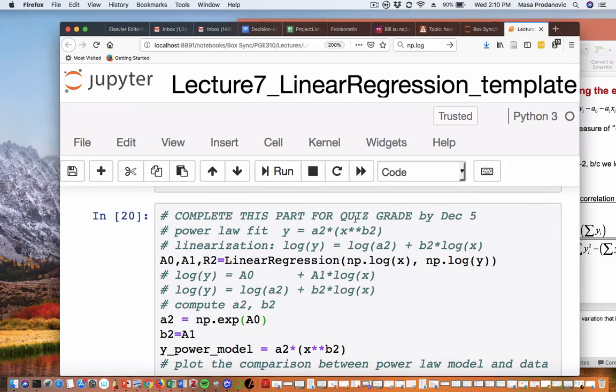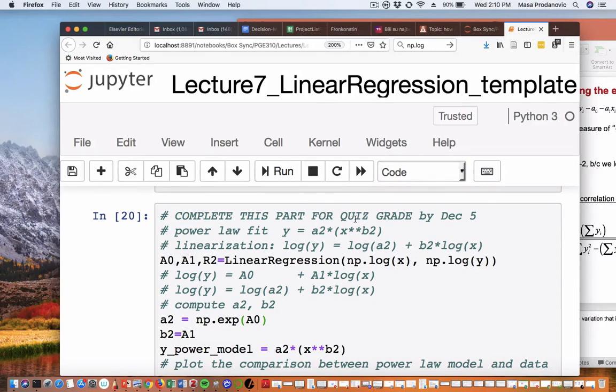Right? So when I look at that, I can see that I have a linear relationship between log of y for all of my y points and log of x. So this is my new set of data. Okay? And that set of data seems to have a linear fit, and I can estimate those coefficients, which I call capital A0 and capital A1.